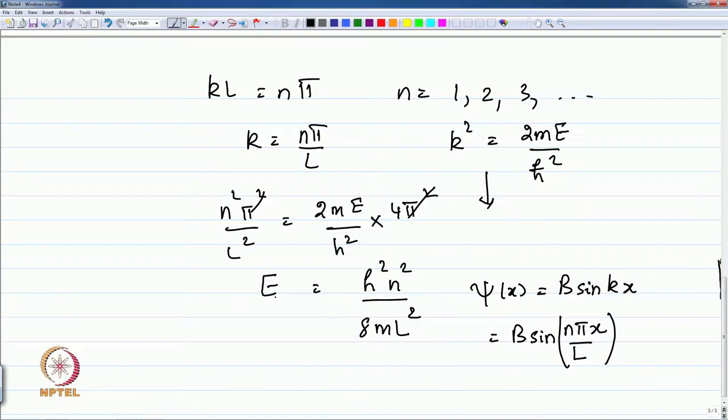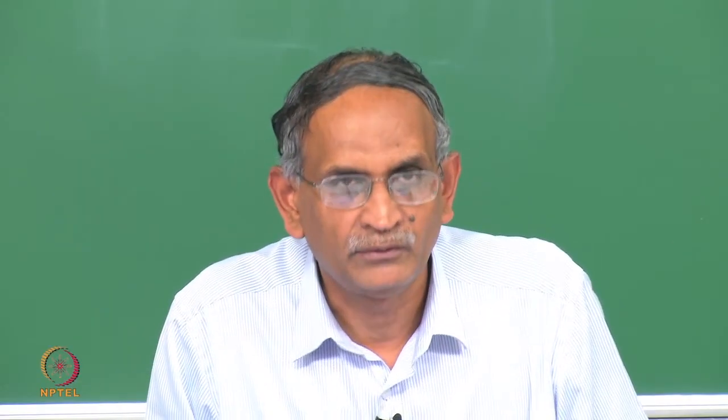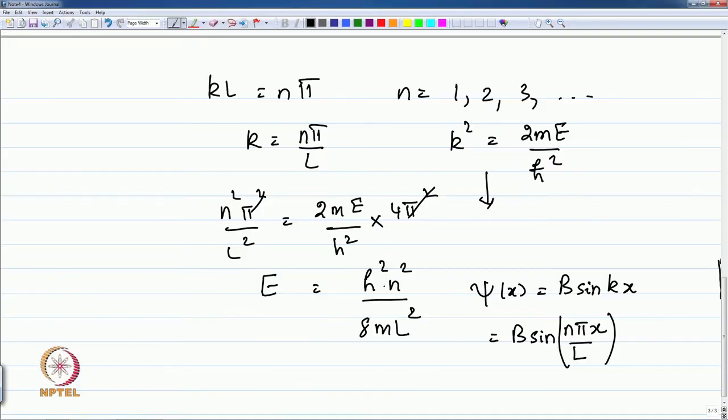One is that the energy for the particle in the box, which is subject to boundary conditions, that the wave function vanishes at the boundaries, subject to that the particle energy appears to be quantized, is not arbitrary.